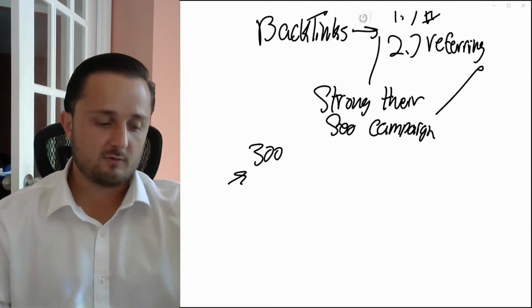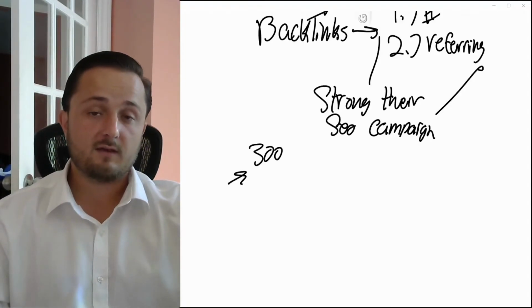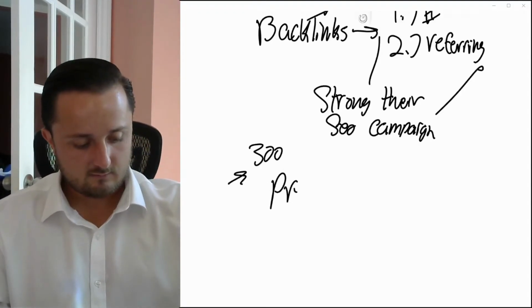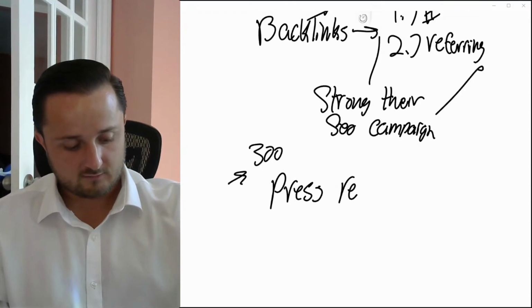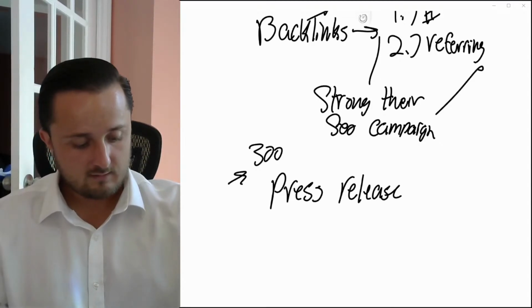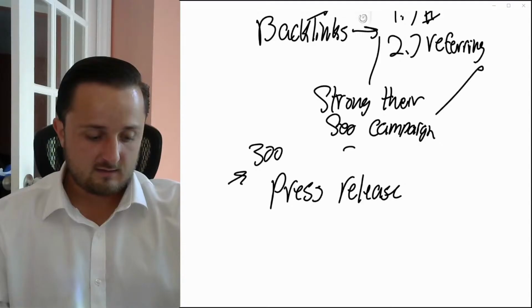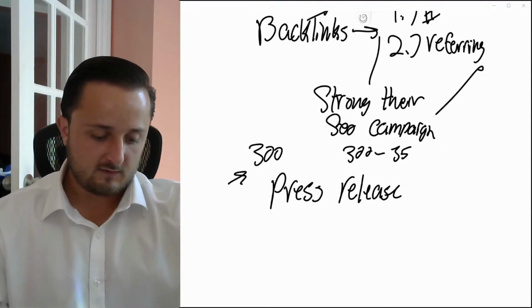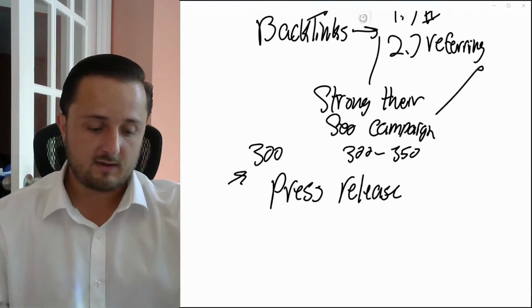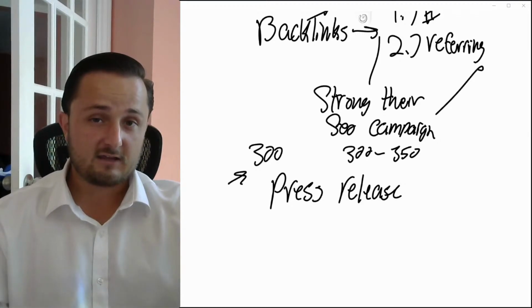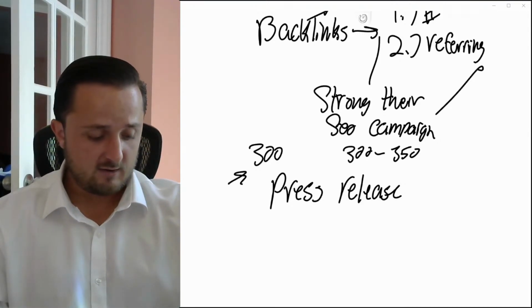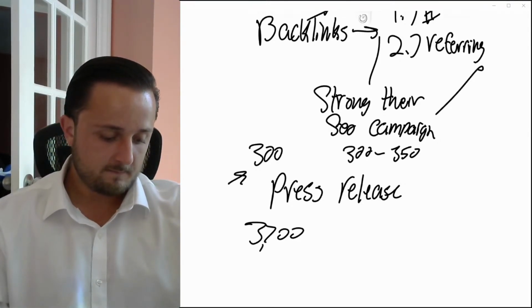And why this number is important is because we can go and submit a press release, which is what I do for all my clients when they start with me. We can submit a press release and instantly get 300 to 350 backlinks and referring domains. Depending on the package, you can actually upgrade this, and we can get to 3,700.